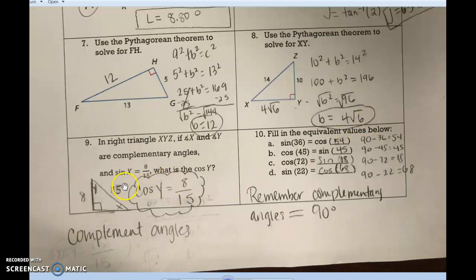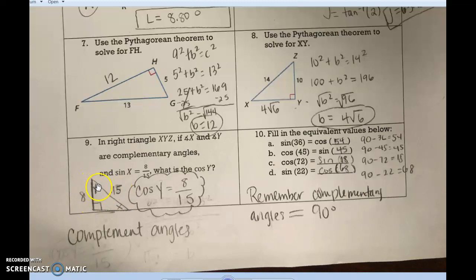All right, number 9. In a right triangle x, y, z, x and y are complementary angles. Remember, complementary angles have to add to 90 degrees. So if sine of x is 8 over 15, what is cosine of y? I already know that sine of x is 8 over 15, so 8 opposite over hypotenuse.